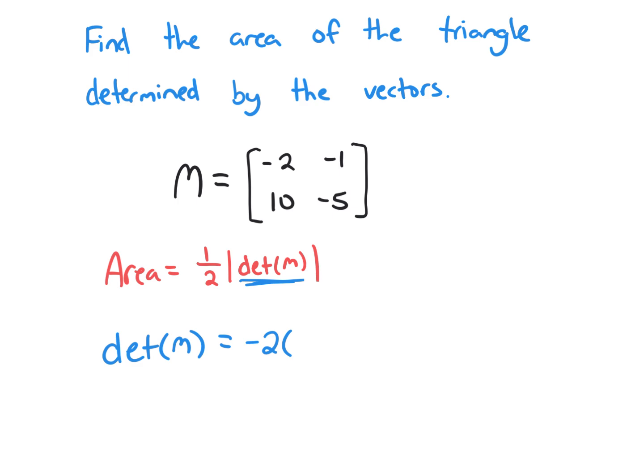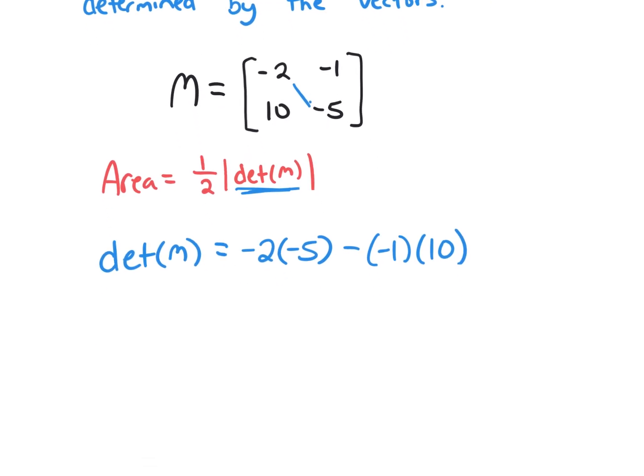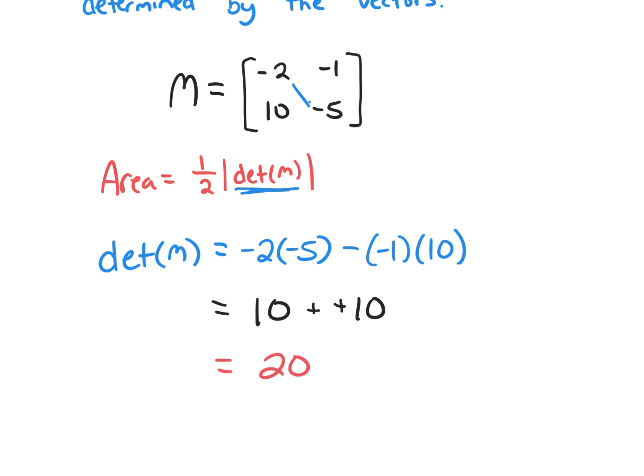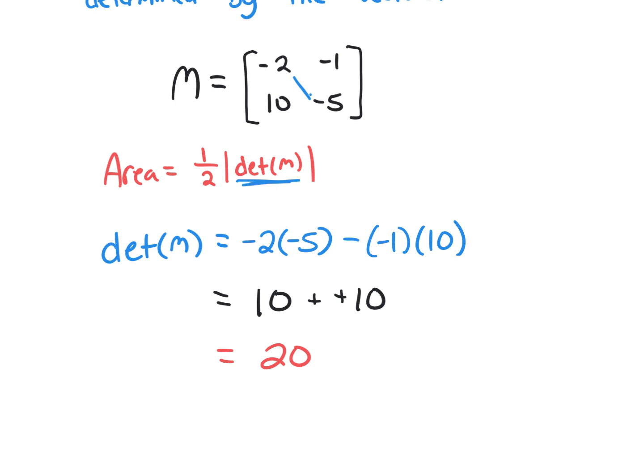-2 times -5, yep. Minus -1 times +10. Yep, you're good. What's -2 times -5? +10, good. And then -1 times 10. -10. What happens to those two negatives in there? They turn to positive. So 10 plus 10, 20. Is that the answer for my area? No. That's my determinant.